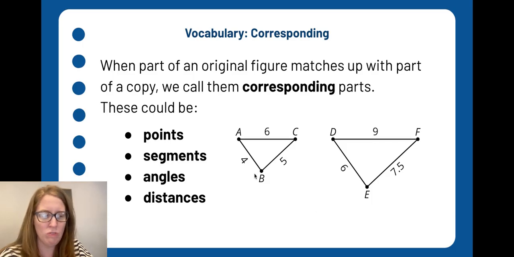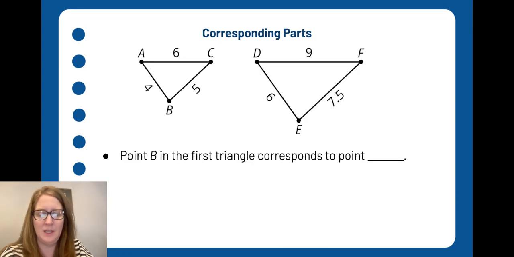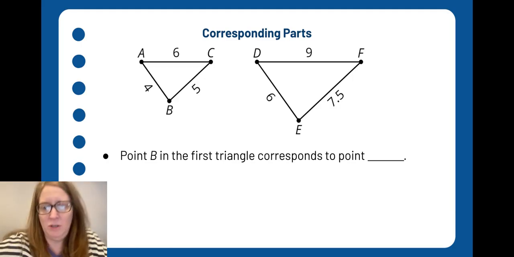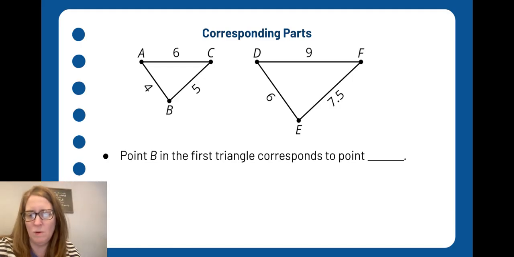So if you had, let's go to the next one because it's the same. So you see that? AB, DE. Those are corresponding segments. All right, so let's look at this one. It's the one that you just saw. The point B in the first triangle corresponds to point E because they are in the same position.